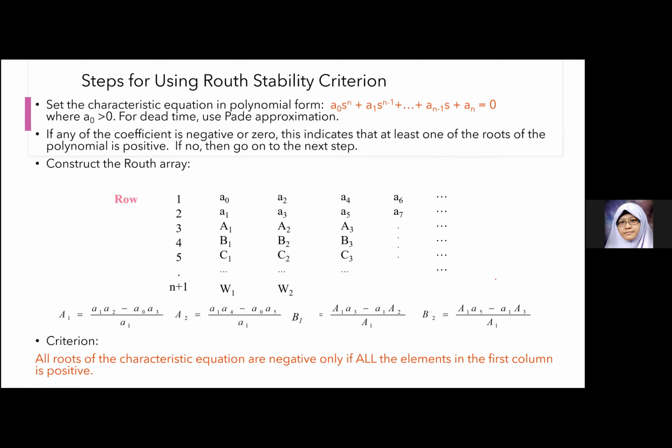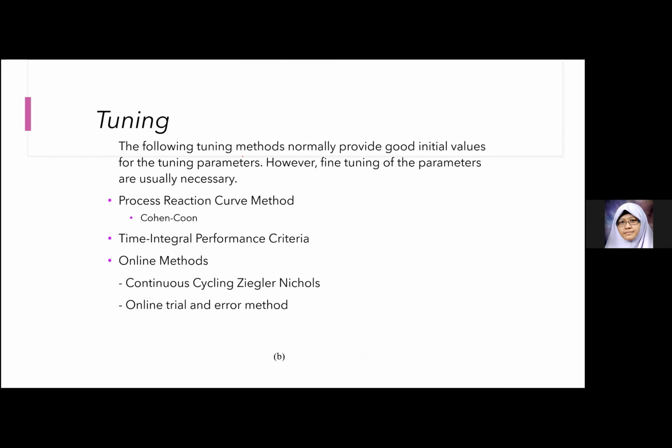Okay, so the Routh stability criterion is, I think, simple enough. This is the equation. Yeah, all this has to be positive. If it's positive, then the system is stable. Any questions on Routh stability criterion?